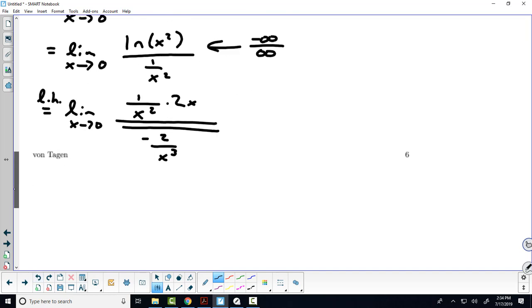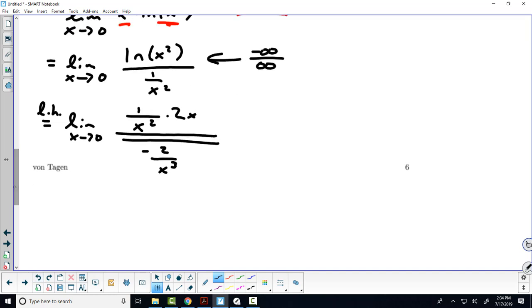Okay, so we're getting closer to being able to evaluate this. Let's go ahead and clean it up a little bit. We get the limit as x approaches 0 of the numerator cleaning up to be 2 over x, all divided by minus 2 over x cubed.